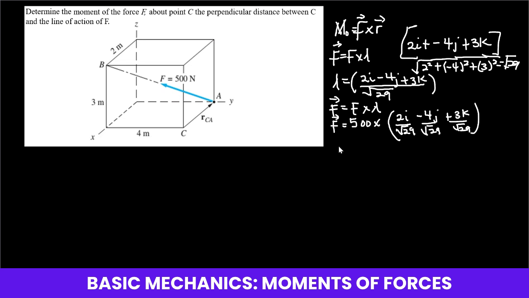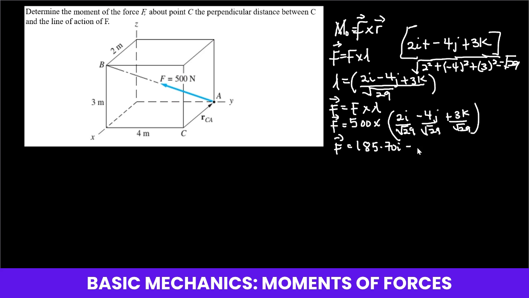So we are done. Now, what is the vector force at each component? So 500 multiplied by 2i on square root of 29, we are going to get positive 185.70i here. Then minus, we have 500 multiplied by negative 4 on square root of 29.